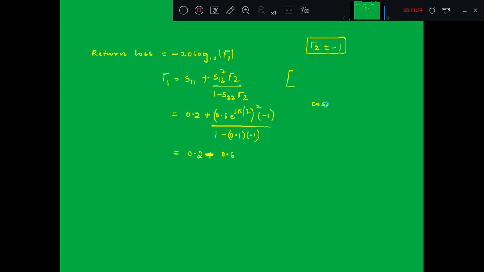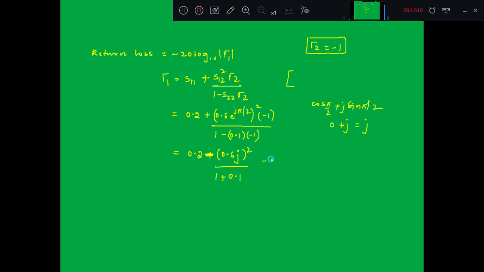It is cos pi by 2 plus j sin pi by 2. Cos pi by 2 is 0, sin pi by 2 is 1, so its value is j. So I write j whole square, and this -1 is multiplied, so it becomes minus, divided by 1 minus, this minus into minus becomes plus, so it is 0.1.